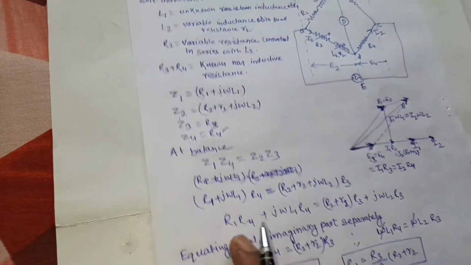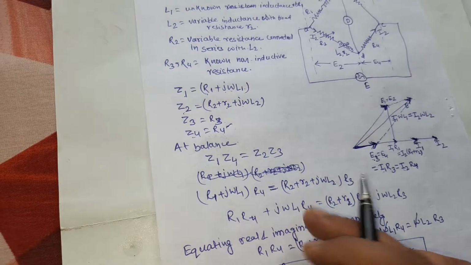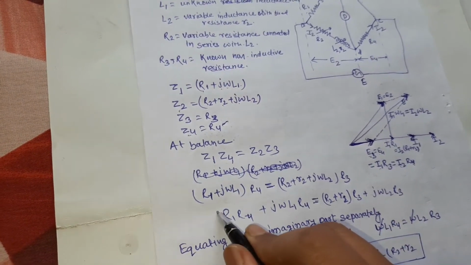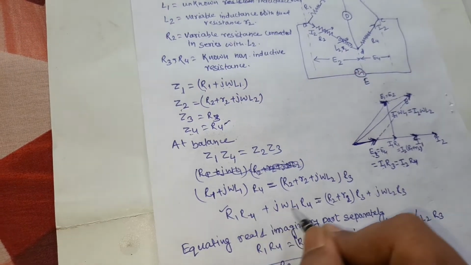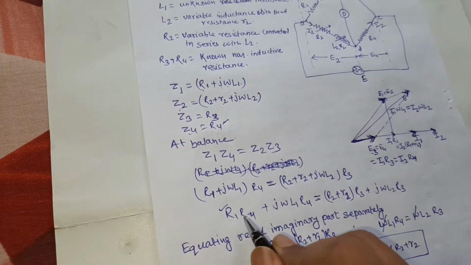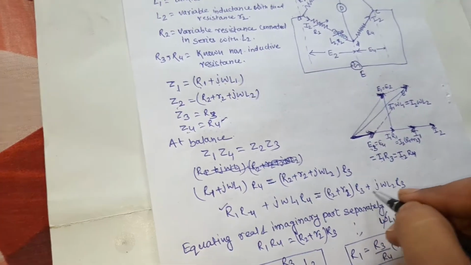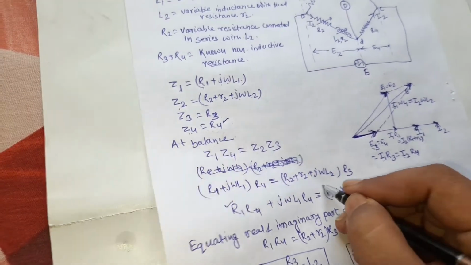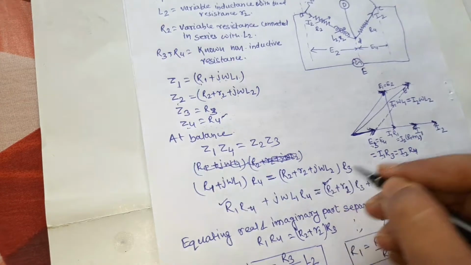By solving, the left hand side is represented in the complex form, A plus iB, and the right hand side is also represented in complex form.